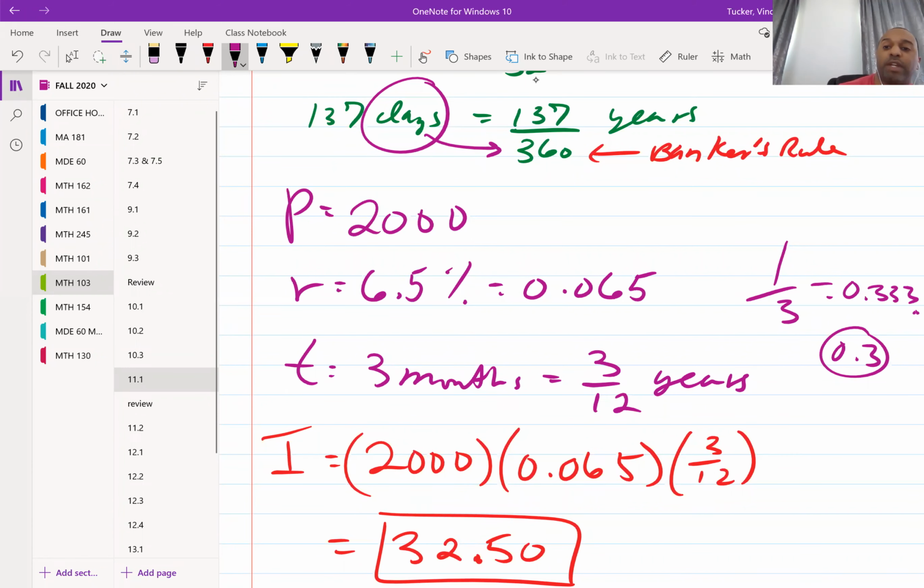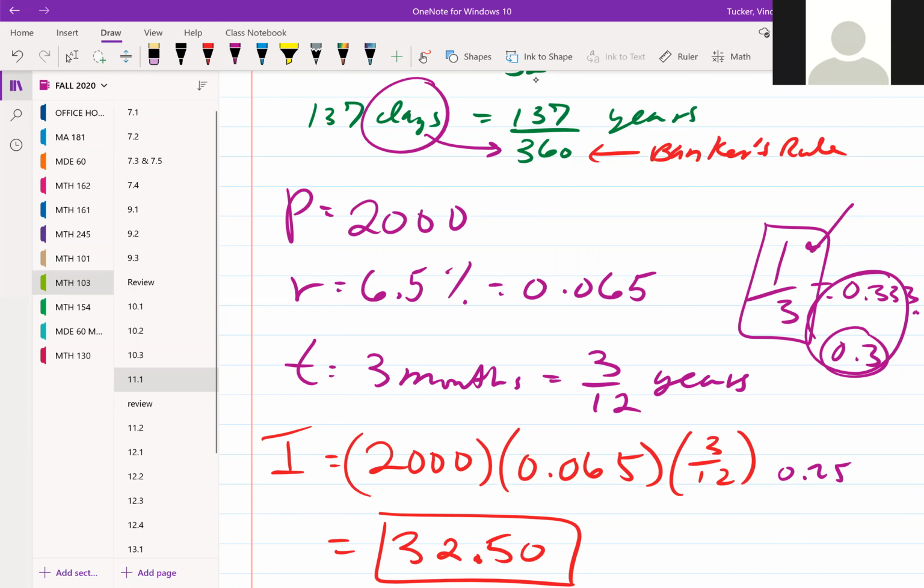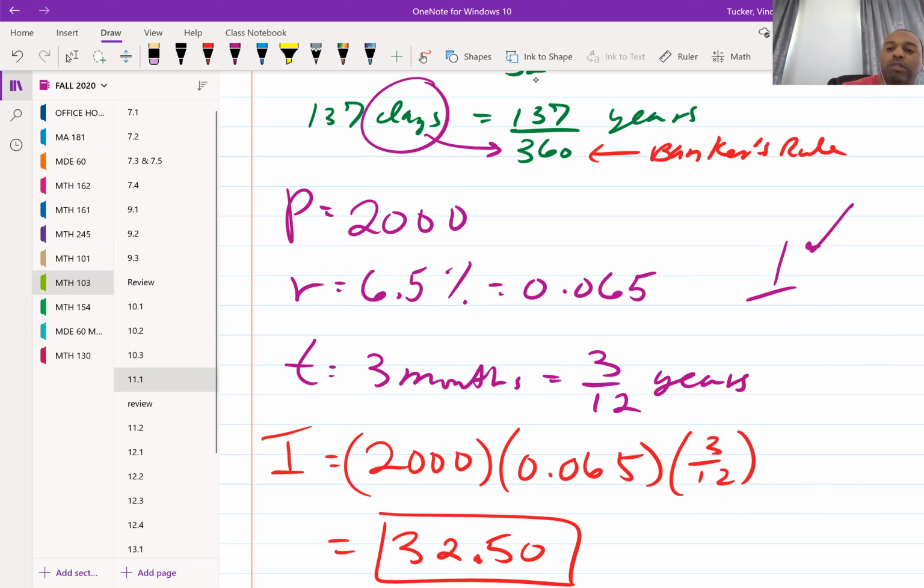In that type of case, you do want to use 1/3. 3/12 would be 1/4, which is just 0.25, so you wouldn't have a problem here because there's a terminal decimal. But if you have a run-on decimal, it would be best to use a fraction. Okay, thank you. That's not a problem. Like I said, that was a good question.